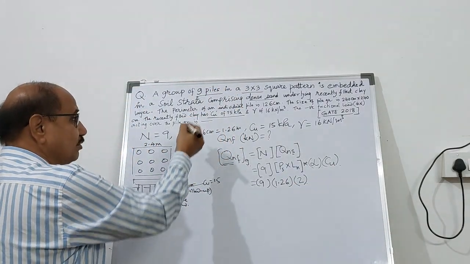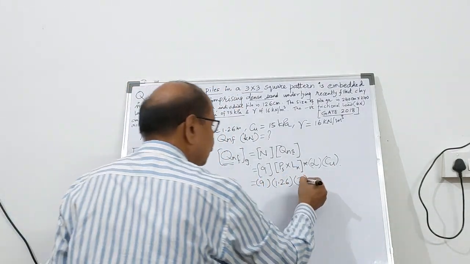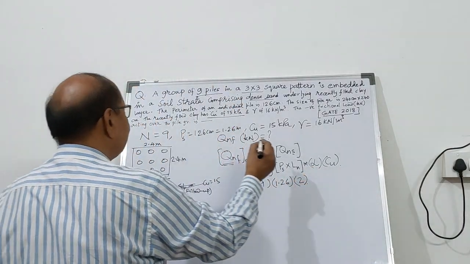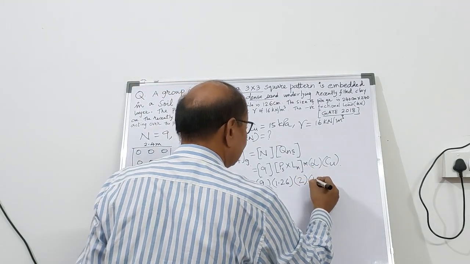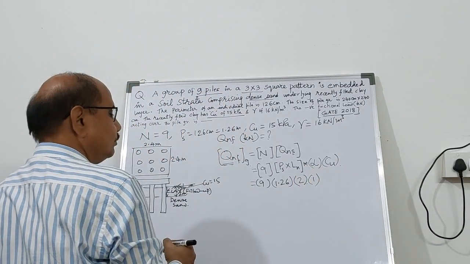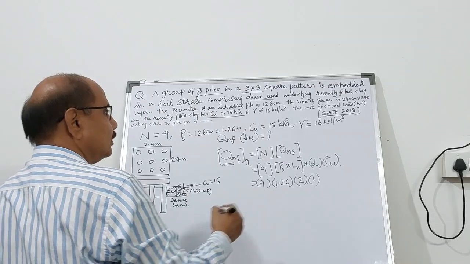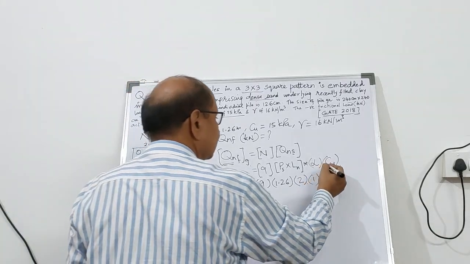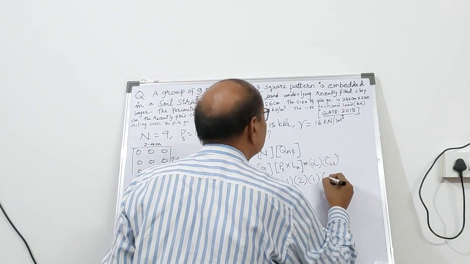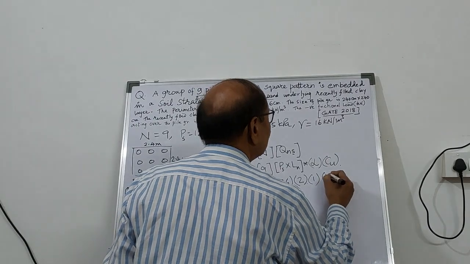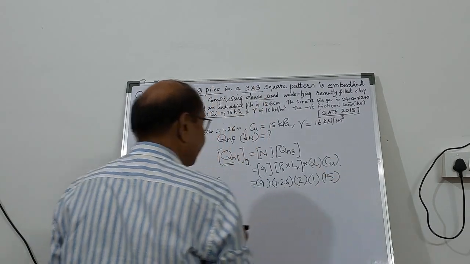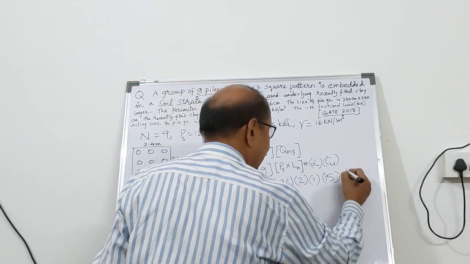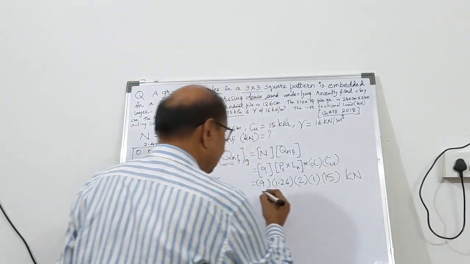It's given in the problem itself in the diagram. The value of alpha here is to be taken as 1, and the value of Cu is already given as 15 kilopascal. So into 15, that is 15 kilonewton per meter square. So this becomes so much of kilonewton.